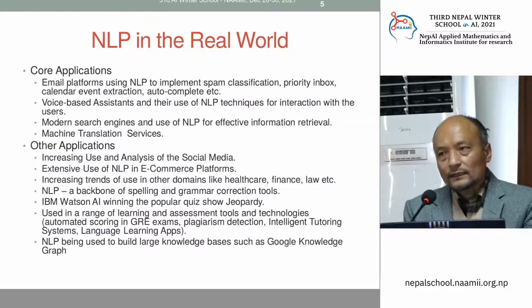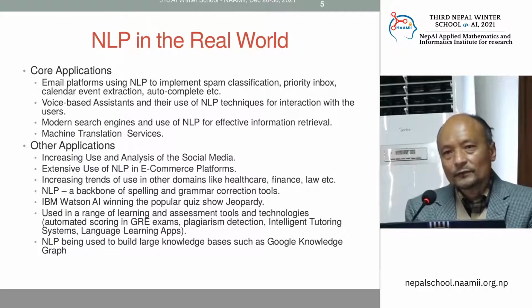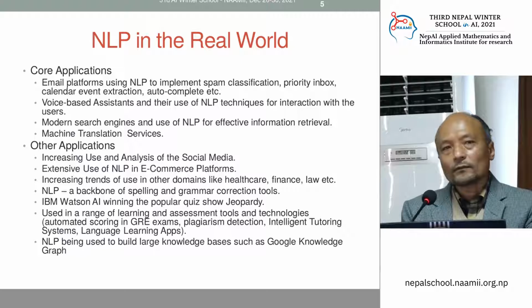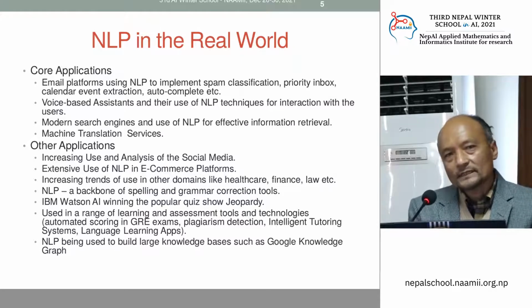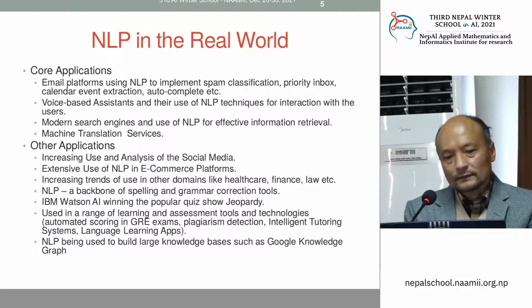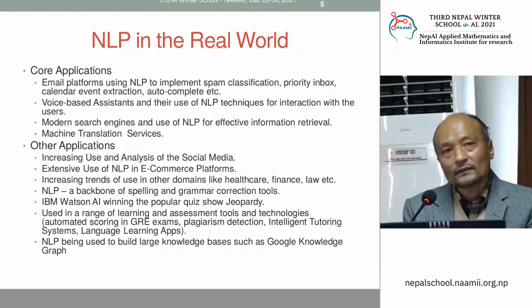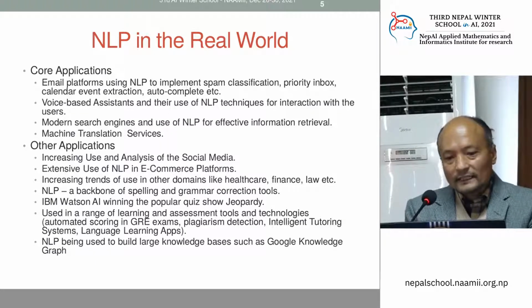And we get troubled by a lot of spam emails that come into our inbox, which is undesirable, right? So the first application would basically start from there, right? So email platforms use NLP to implement spam classification, priority inbox, calendar event extraction, autocomplete and all, right?